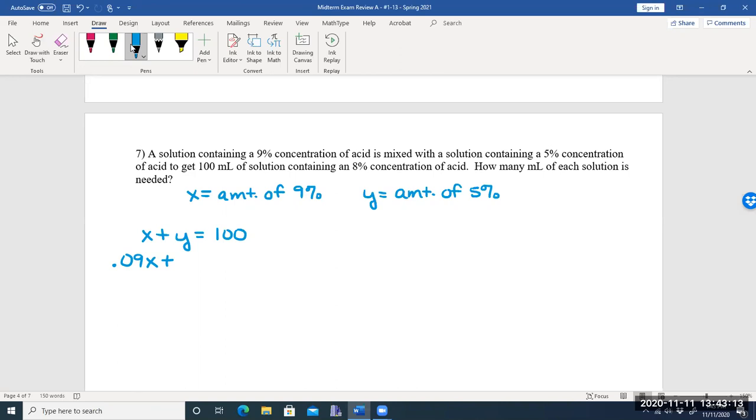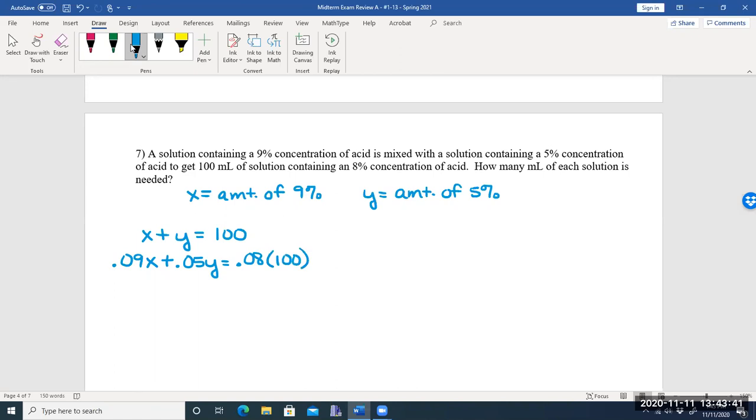So if I take 0.09 times the amount of liquid I'm going to pour from the first bottle, that will give me how much acid comes from that bottle. Then I'm going to do the same thing with the other bottle. And I'm going to set this equal to what I want. I want an 8% concentration, and I also want 100 milliliters.